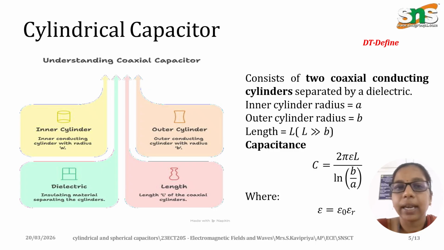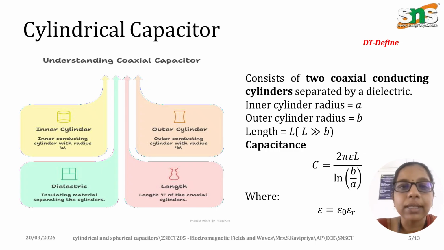We consider the inner cylinder radius as a and the outer cylinder radius as b. These two cylinders are separated by a dielectric medium, and L is the length of the cylinder. L will always be greater than the outer cylinder radius.